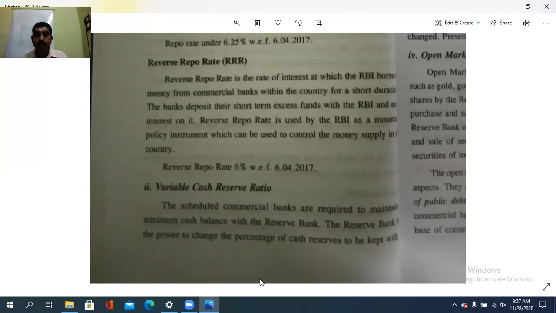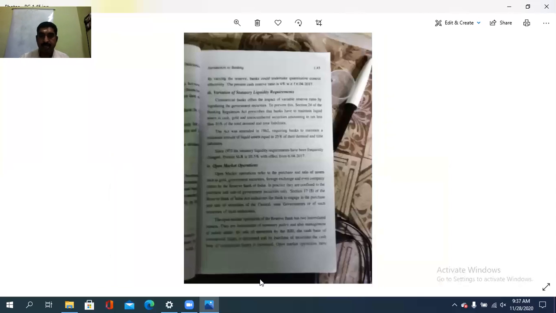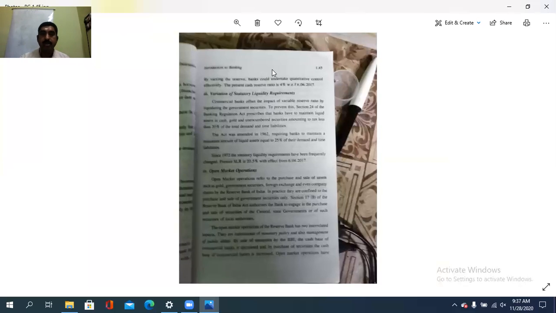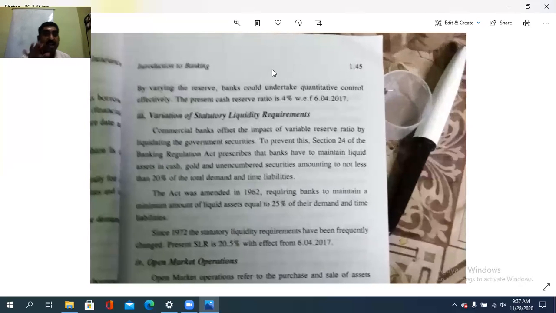Scheduled banks are required to maintain a minimum cash balance with the Reserve Bank. Therefore, the Reserve Bank has the power to change the percentage of the cash reserve that is to be kept by varying such a reserve. The banks could undertake the quantitative control effectively. So they can effectively control this.